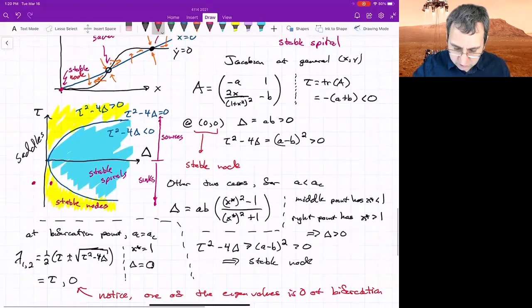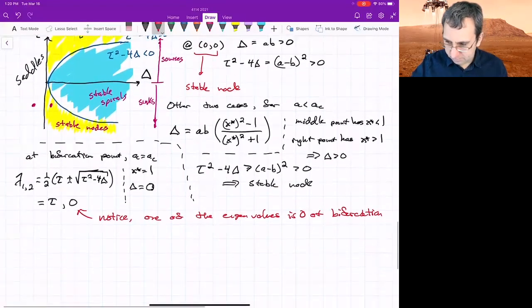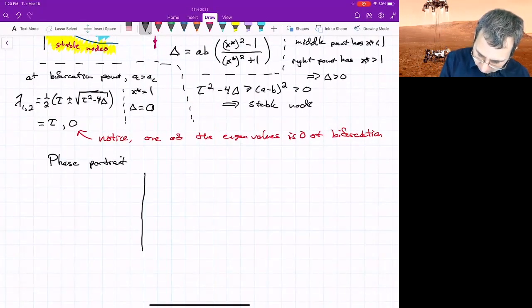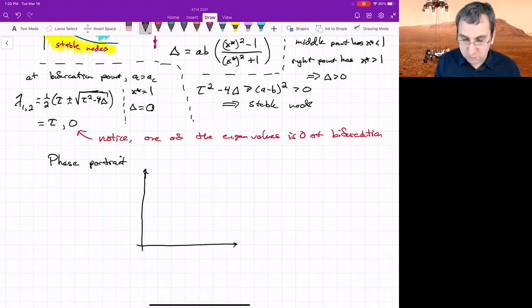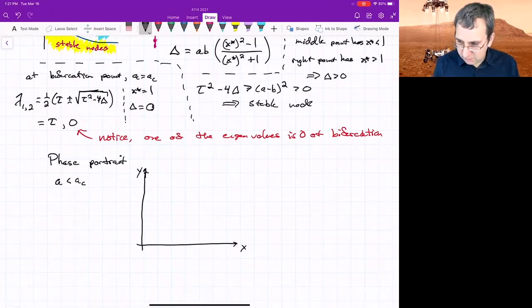Now, what do things look like in terms of the dynamics? This is what they'll look like if we do a phase portrait. Before the bifurcation, so A less than A_C, we've got X and Y. The origin is a fixed point.